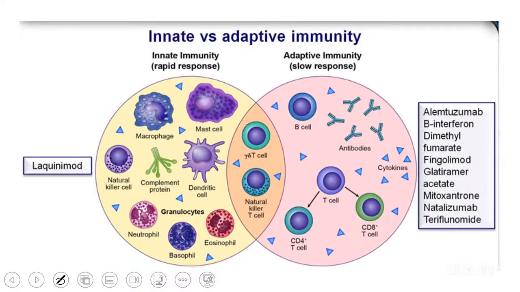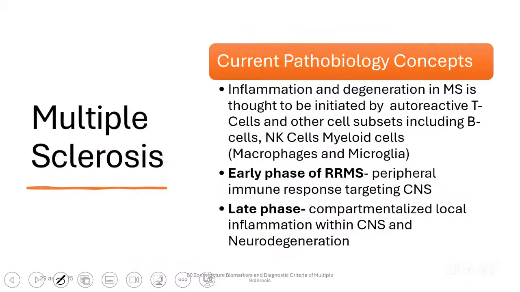These are mostly B cell mediated, but the T cells have got another role, that is CD4 and CD8 T cells. So the slow response is adaptive immunity and the rapid response is innate immunity. We have been studying this since our microbiology days, and various drugs have come out based on this pathophysiology.